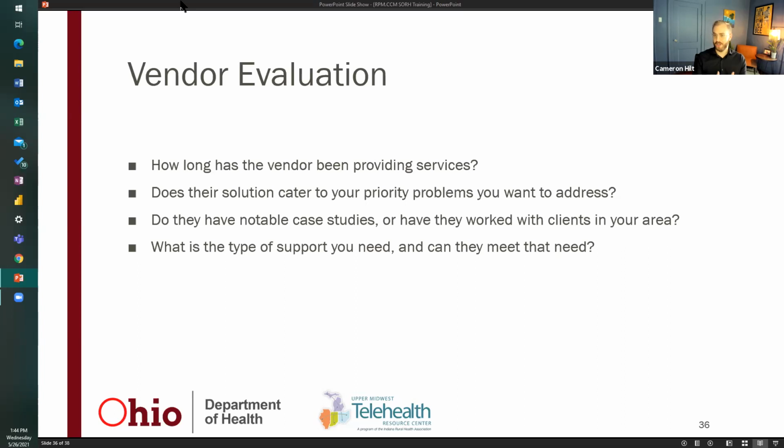There are a lot of new innovative companies that are doing brand new type of work, but maybe don't have some of the track record of how their services have been implemented in the past or have met certain needs.